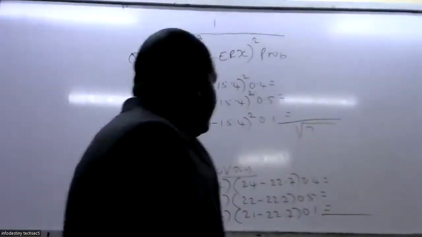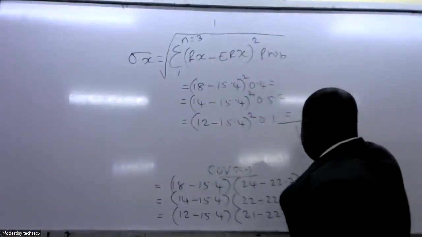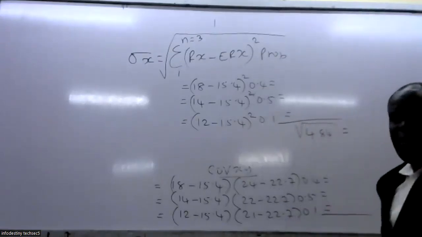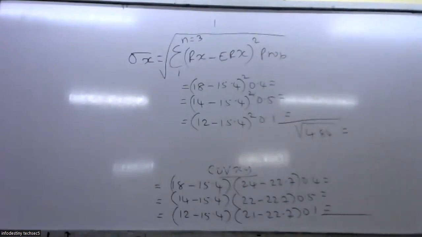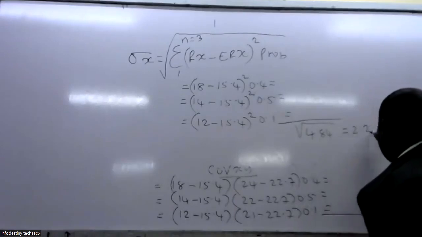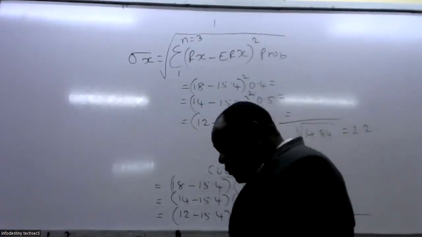So you should be able to get a total of 4.84. When you get the square root of that figure, it should give you 2.2.